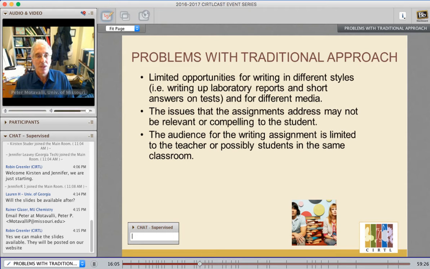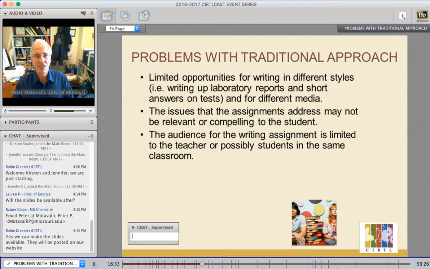The other big thing that I see, whether we're at universities or different institutions, is that there's a real value in looking at the audience for the writing assignment, not just having it limited to the teacher or just the students in the same classroom. In my mind, why can't students be doing writing assignments for audiences outside of the classroom?